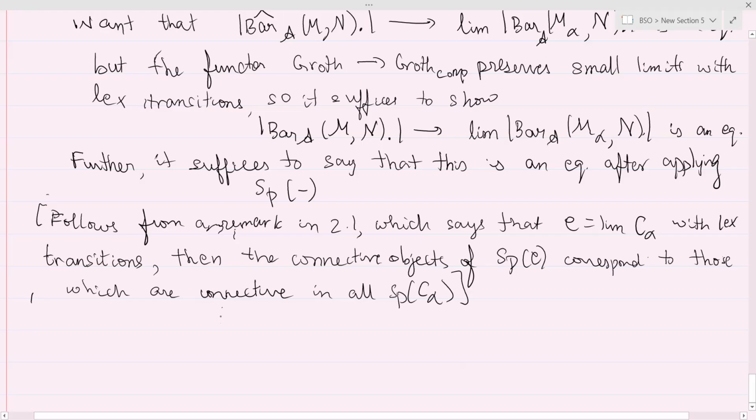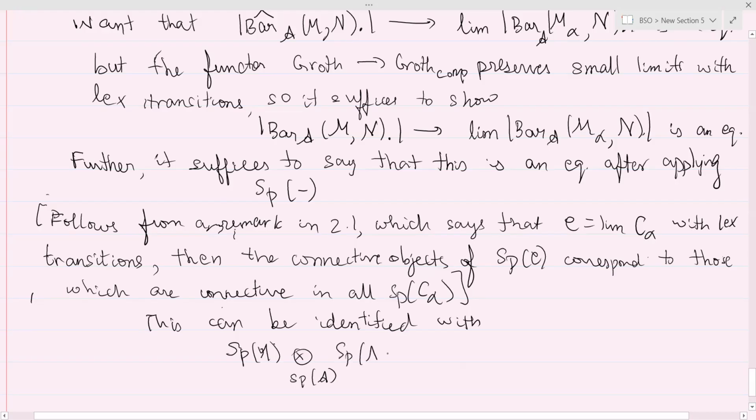So now this, with the canonical map from spectrum objects of M to the limit, is an equivalence because N is dualizable.